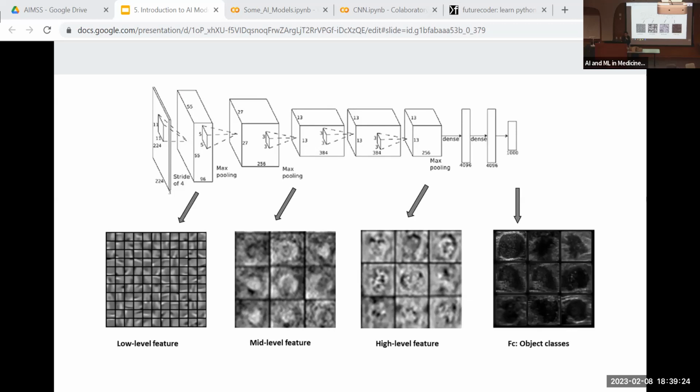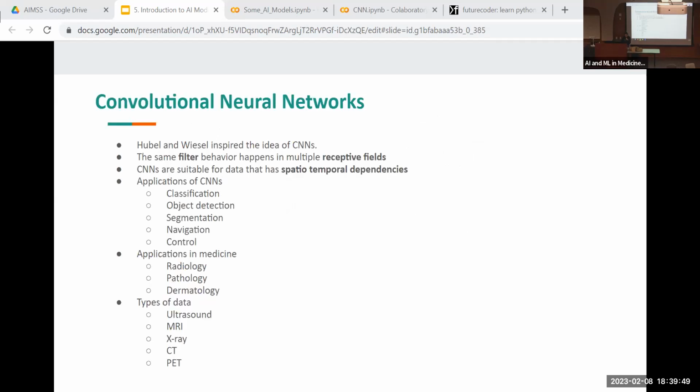As the network learns, it starts from low-level features and goes to high-level features. Low-level features can be, is it a vertical line or is it a diagonal line? And high-level features can be, is it a face, or is it a chair, or anything else? So this experiment inspired the idea of CNNs.